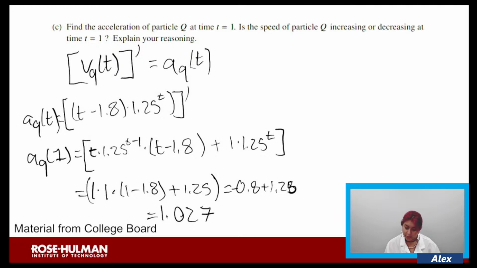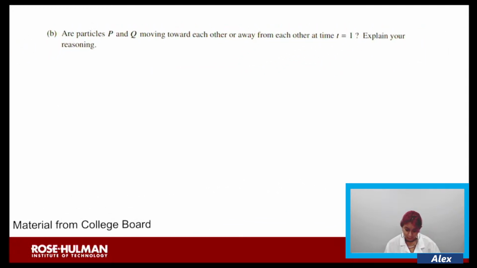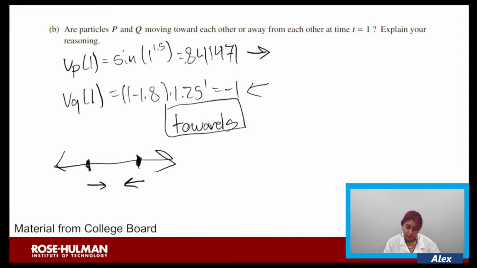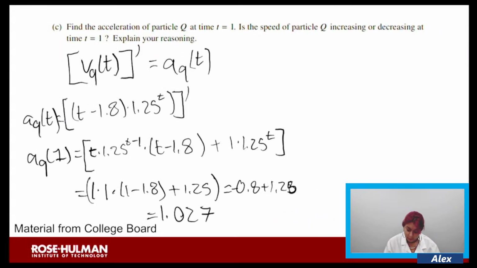The second part of this question is asking, is the speed of particle Q increasing or decreasing at time equals t? So you might think that because our answer is positive, that the velocity is increasing, but actually, if you remember from part B, we found that the velocity of Q at time 1 is negative, so it's going in the negative direction.